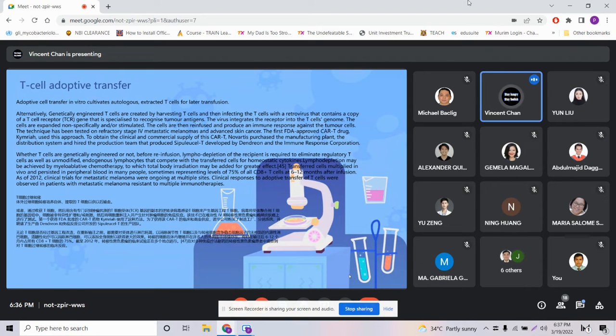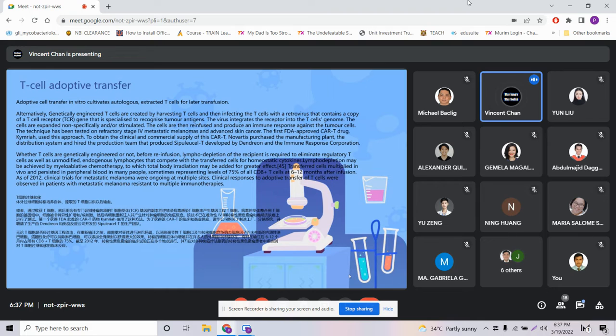Alternatively, genetically engineered T-cells are created by harvesting T-cells and then infecting the T-cells with a retrovirus that contains a copy of the T-cell receptor (TCR) gene that is specialized to recognize tumor antigens.